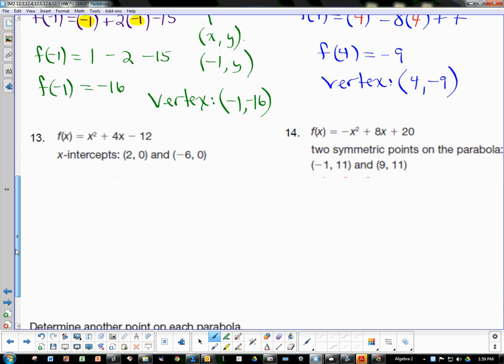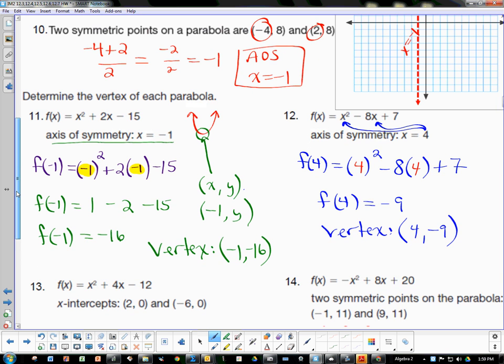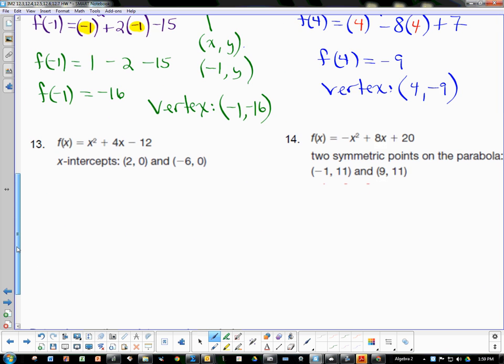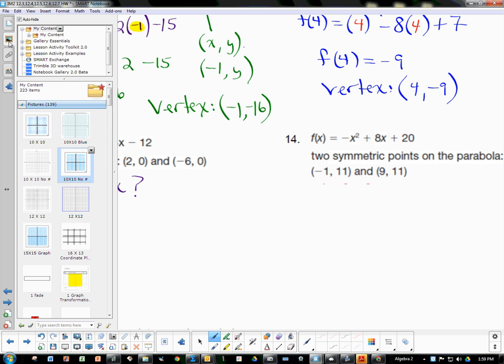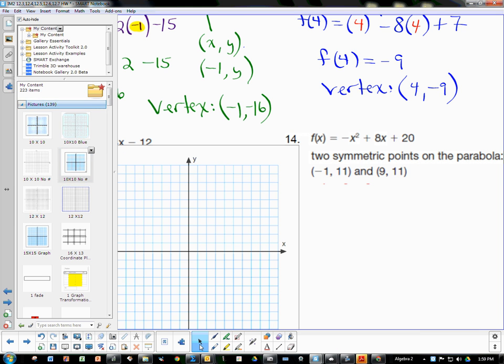All right, moving ahead, number 13. Once again, keep in mind, they want to find the vertex. That's our goal here. So we have x-intercepts. If you're given x-intercepts, I want to make sure that you can visually see this again.